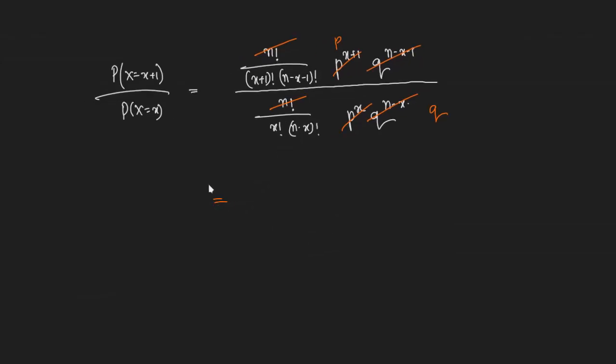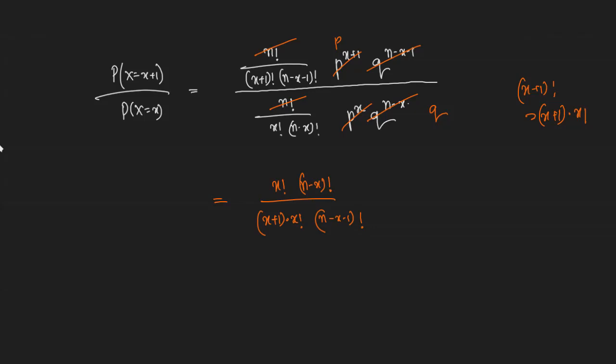Then you can cancel from here too: x plus 1 factorial is nothing but x plus 1 into x factorial, right? So we cancel. In the numerator we have n minus x factorial remaining, and in the denominator x plus 1 into x factorial and n minus x minus 1 factorial.